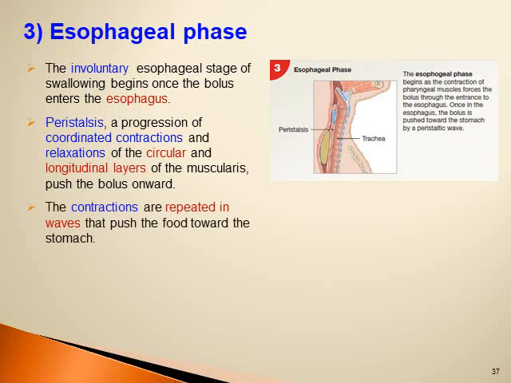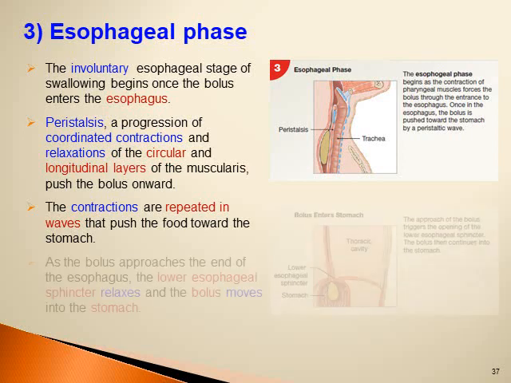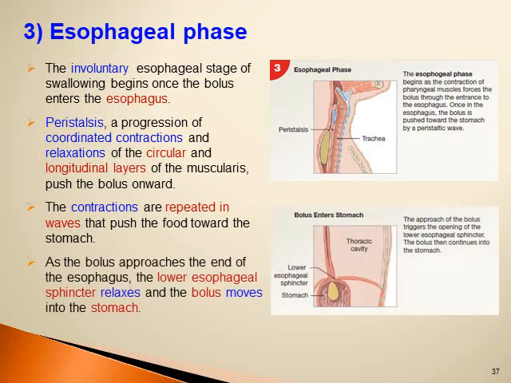The contractions are repeated in waves that push the food towards the stomach. As the bolus approaches the lower end of the esophagus, the lower esophageal sphincter will relax to allow the bolus to move into the stomach.